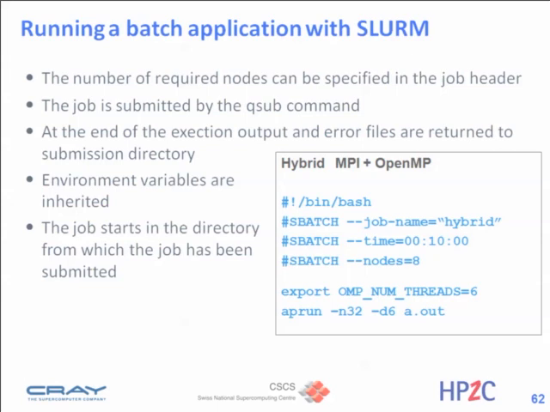You specify, for example, the name of the job, the time you need your job to run, and how many nodes your application should use. Then, in this case, you run a hybrid application using 6 OpenMP threads, running on 32 MPI ranks. So this application is actually requiring 32 times 6 cores.